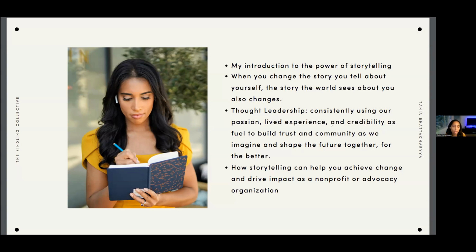And I know that you are completely committed to advocating for children, for youth, for families. And so sharing your stories, whether it's your personal story, the story of a person served, your organizational story, the story of the future and the vision that you're working on creating.